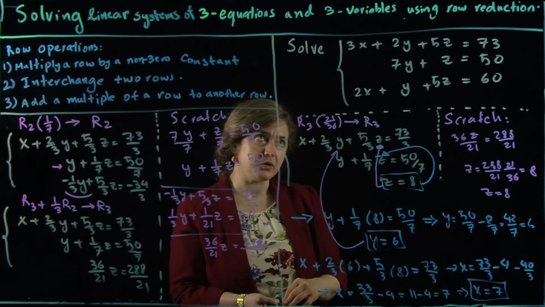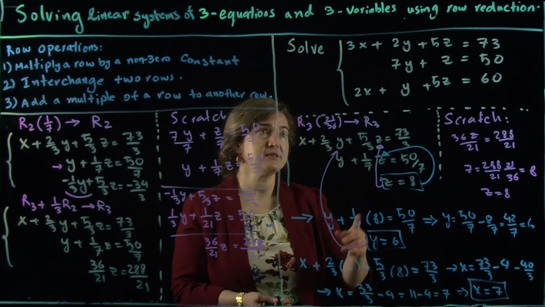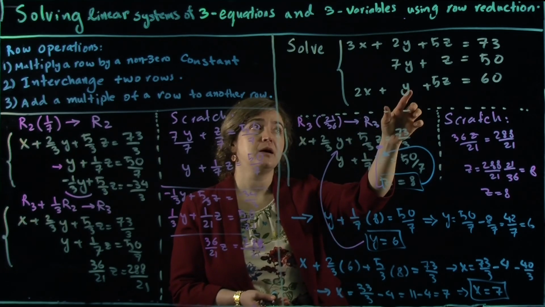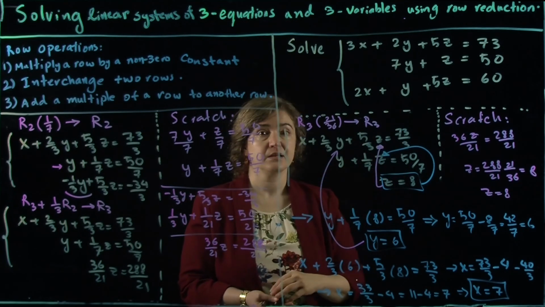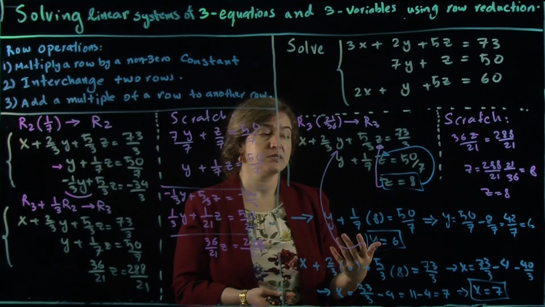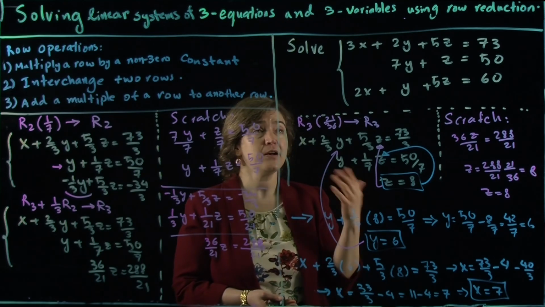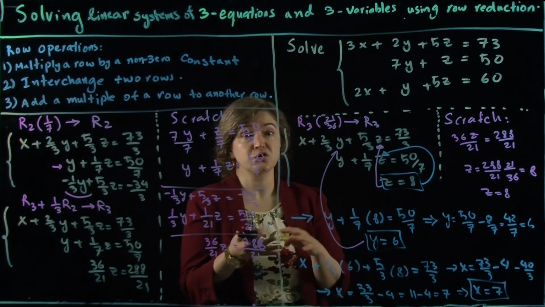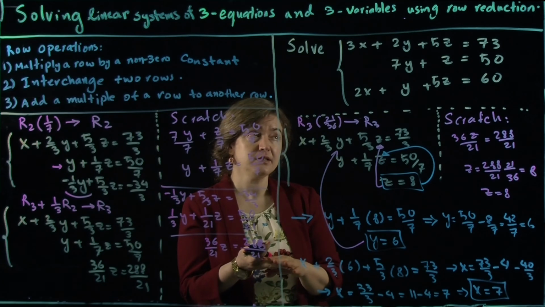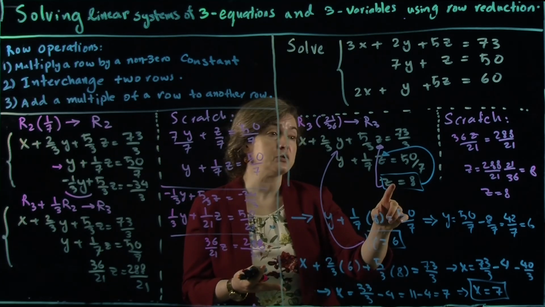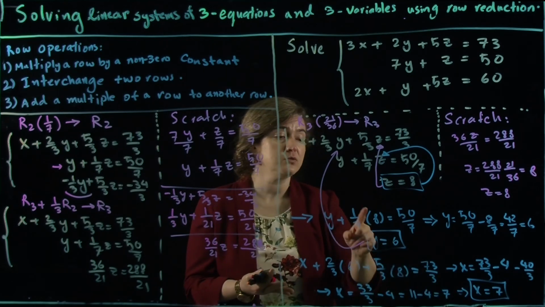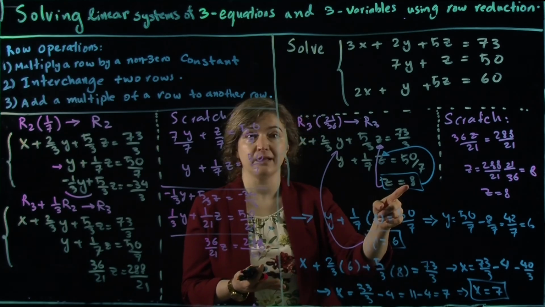One thing to remember, a system like this represents 3 planes in 3 dimensions. Therefore, the solutions can vary, but in this case, the solution only has one x value, one y value, one z value.